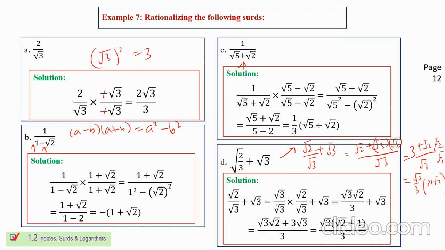Surd 3, I just multiply with surd 3, and the denominator becomes 3. Then the numerator becomes surd 3 multiplied by surd 2 plus surd 3. So then I need to equate our denominator. So 3, I will multiply by 3. Then I factor out my surd 3, so I have this one. Or sometimes we can leave our answer in this way.